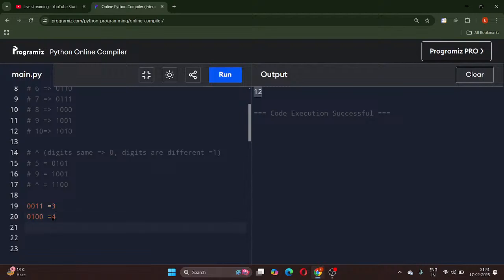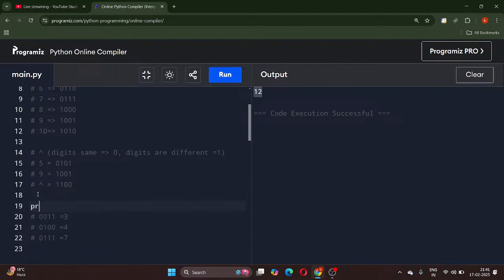The final result that we are going to get is 0 XOR 0, as they are same, we get 0. 0 and 1 as they're different, then 1. 1 XOR 0 is 1, and 1 XOR 0 is 1. So it stands for 7. So if you XOR these two values, 3 and 4, you should get the final answer as 7. Let us try this one. So print 3 XOR 4. Let us run it, and this is the final answer, which is 7.